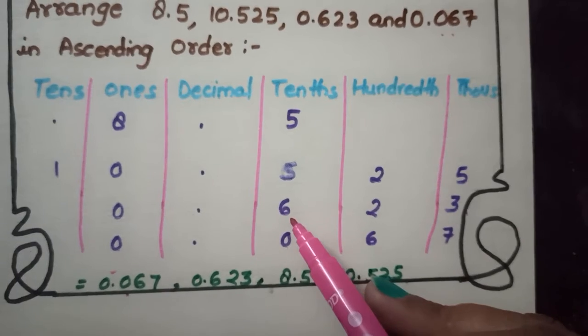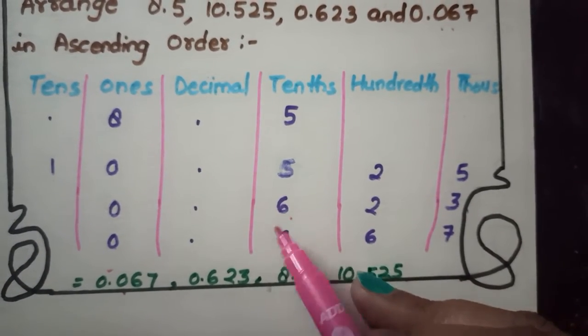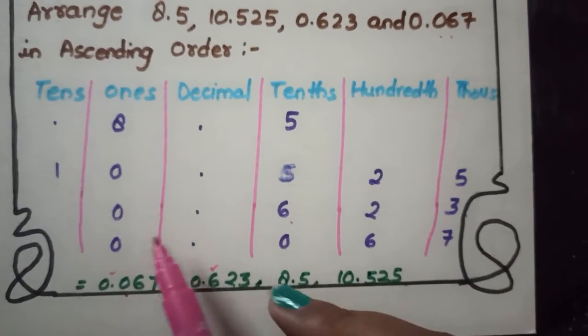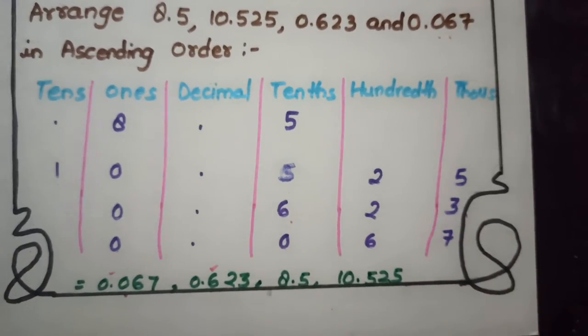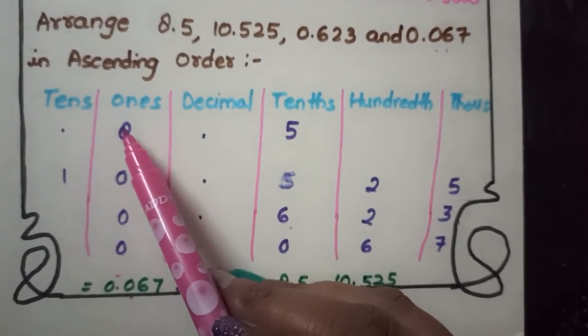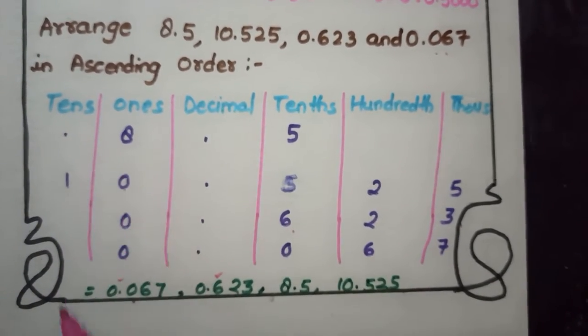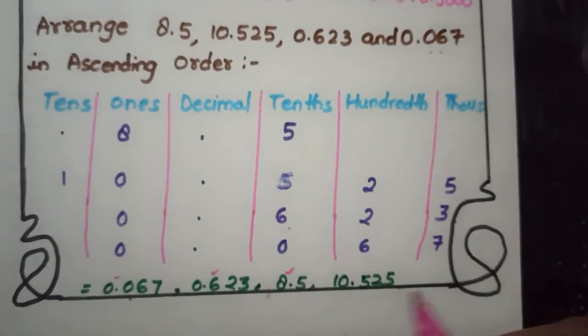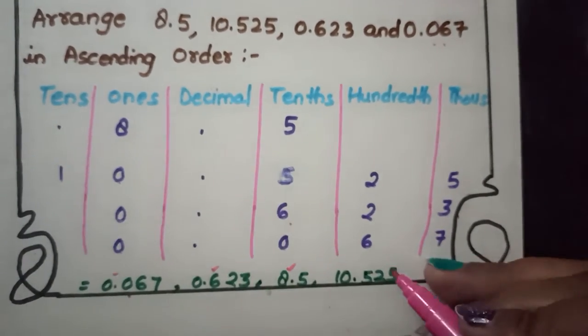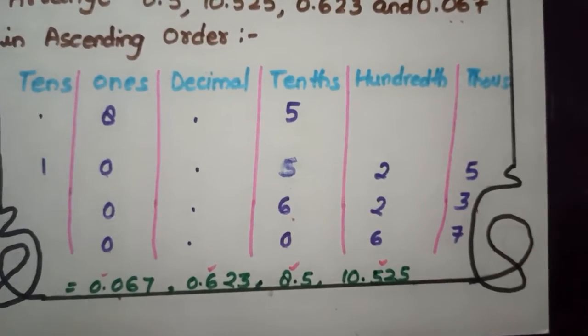Then this will be the number which we need to write at second place, 0.623. Done. Then after that, among this 8 and 10, we can clearly see that 8 is smaller than 10. So this 8 we will write down over here, and then 10 we will write down at last place.